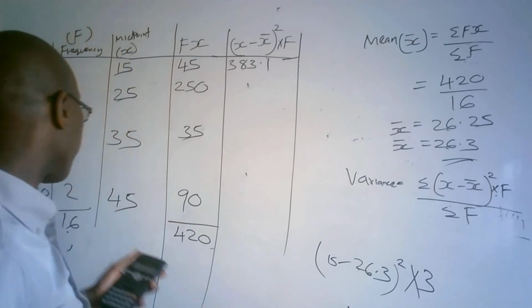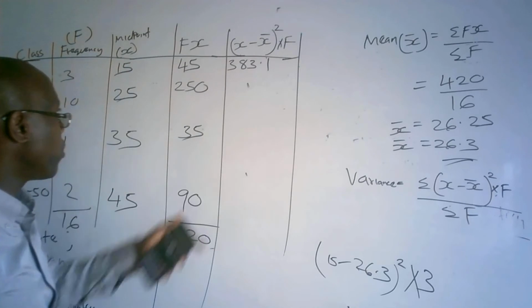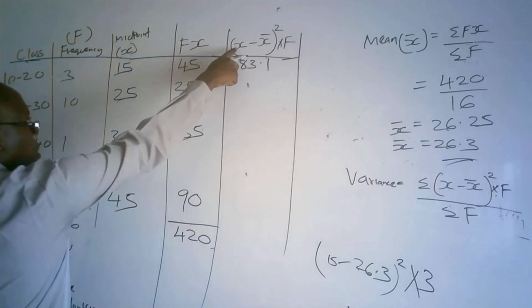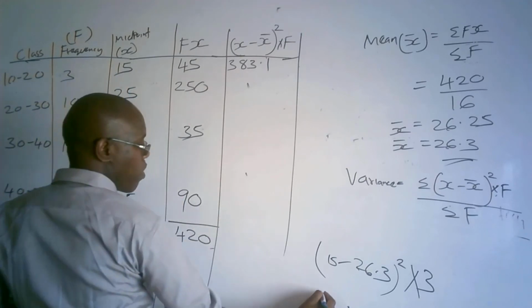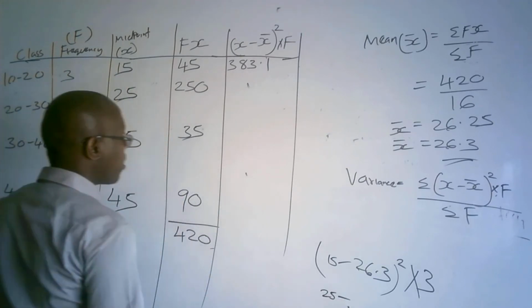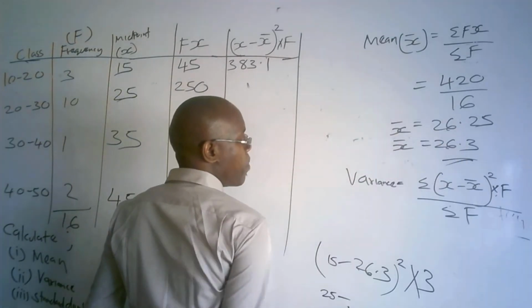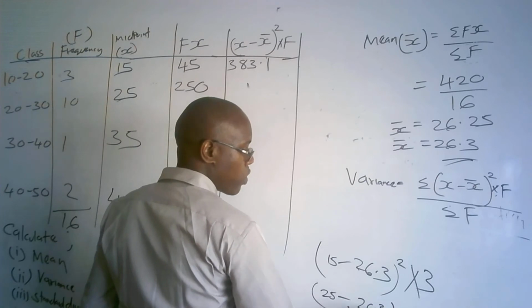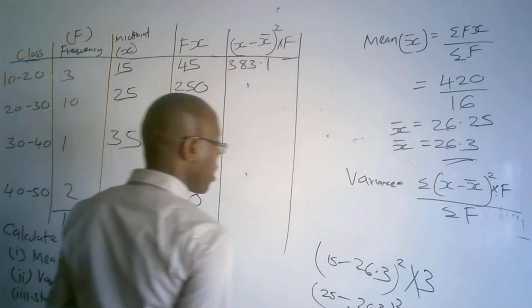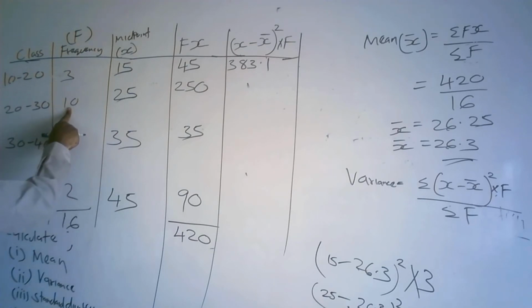And then for the next class, 20 to 30, to get the value here, x is 25. So it's going to be 25 minus x bar, which is our mean, 26.3, then of course squared, and then multiplied by the frequency. The frequency in this class is 10.